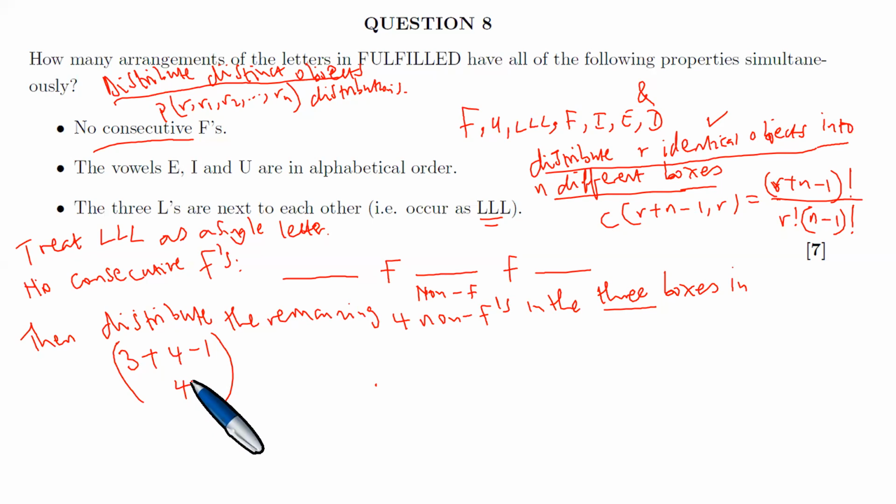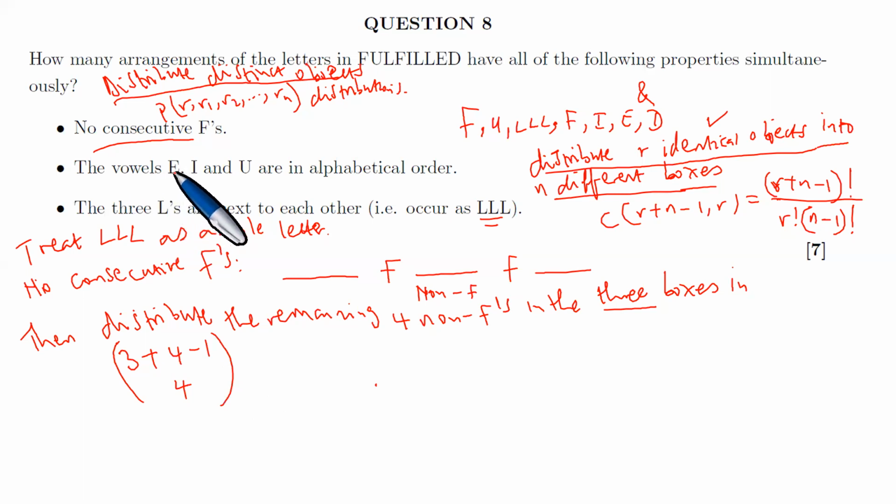And we can always look at these as involving, as we said, distributing the remaining 4 non-Fs in the 3 boxes. Obviously we said the 3 L's are next to each other.